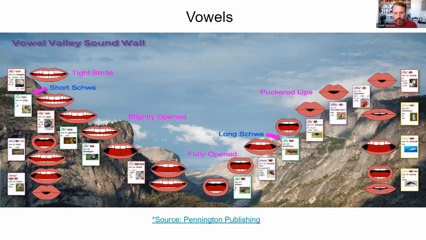You'll notice as we start open and go up here, your mouth starts getting closed. So if you have the slides here, you can pause and play with that yourself.